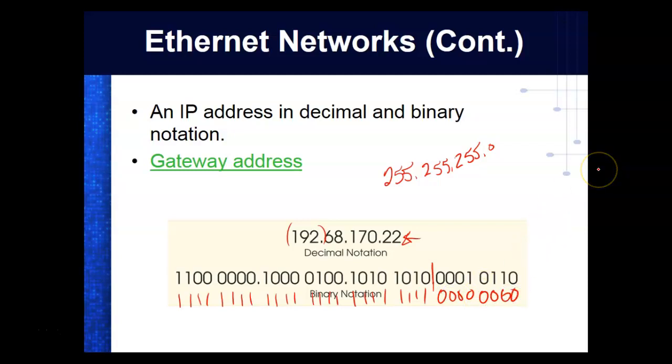So what you know about classful IP addresses, their subnet mask is going to be, for Class A, 255.0.0.0. For Class B, it's going to be 255.255.0.0.